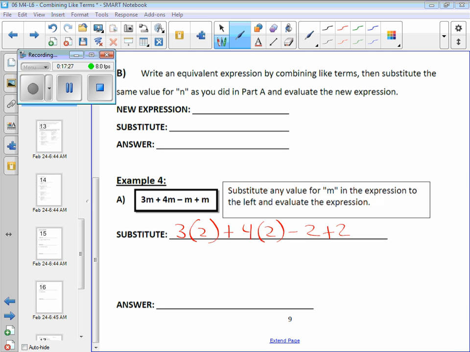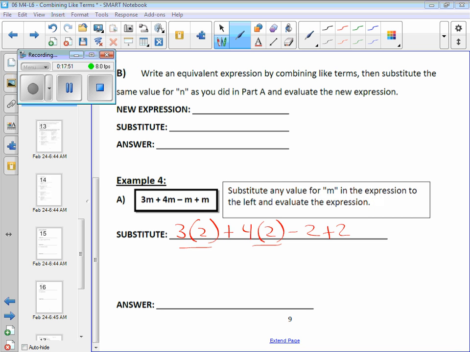So what operation is happening between the 3 and the 2? So we have to do the multiplication before we do the addition and subtraction. You are allowed to do multiplication for both of them in the same step. I think I mentioned that briefly when we did lesson 2, that if there is multiplication in the same step, you can do it in one step as long as you do it left to right.